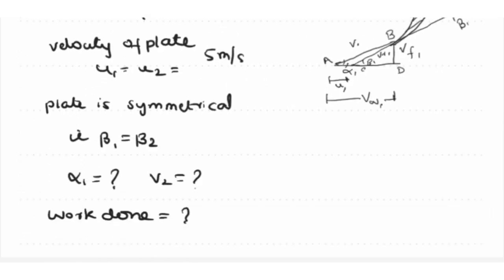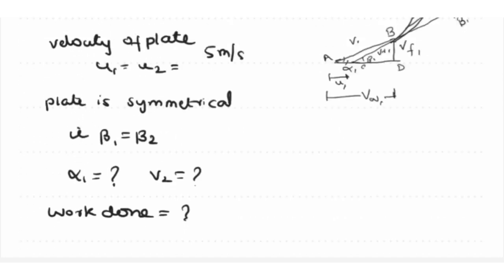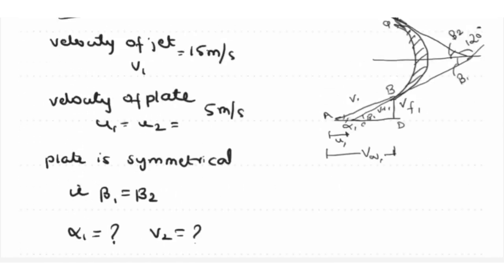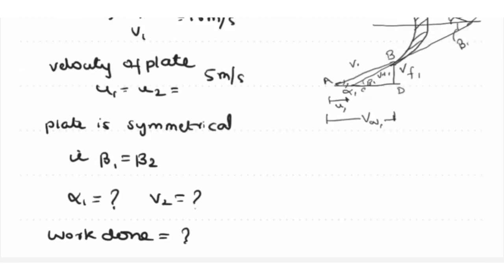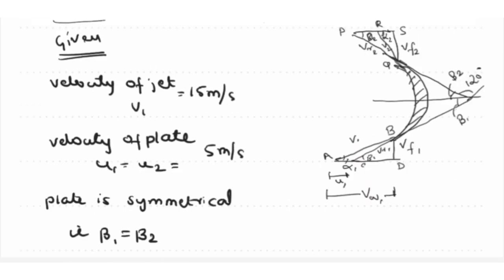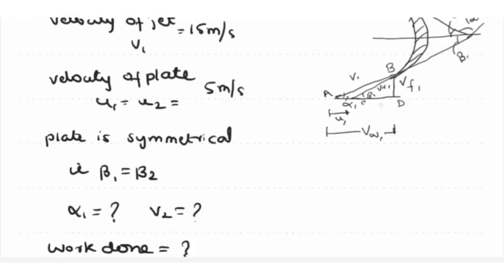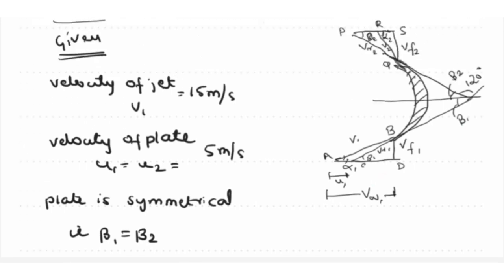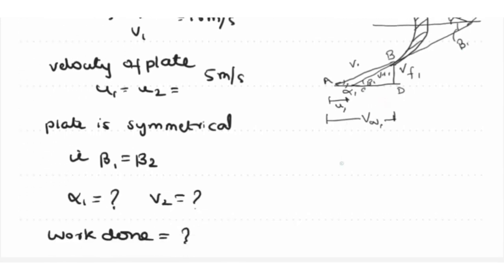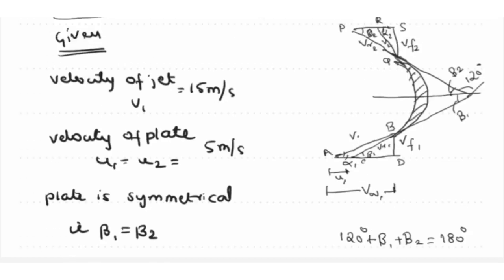So now we will solve this problem. So we have to calculate here the value of alpha 1 at the beginning. In order to calculate this alpha 1, first you should calculate beta 1 and beta 2. You can see in this line, the total angle on this line is 180 degree. Beta 1 is equal to beta 2, so 120 degree plus beta 1 plus beta 2 is equal to 180 degree.